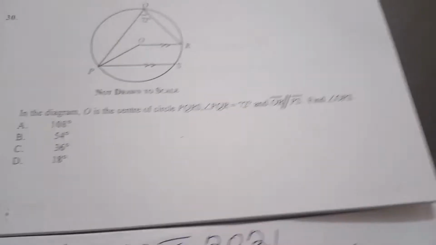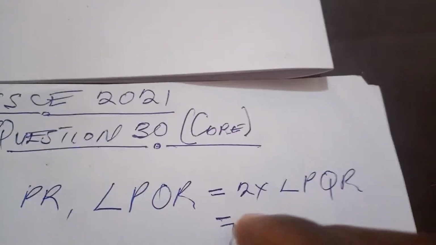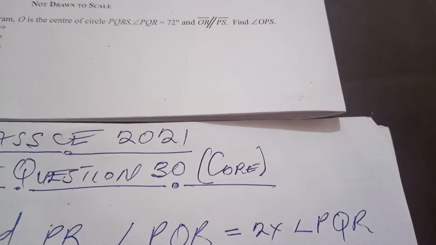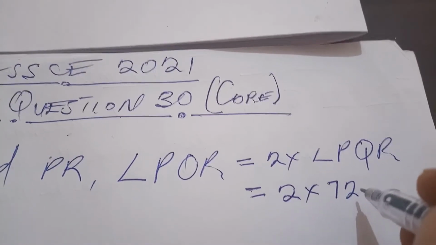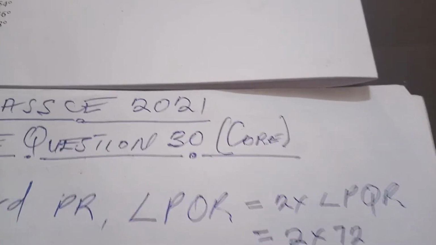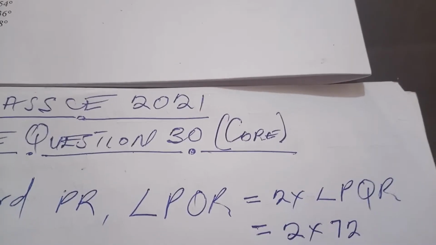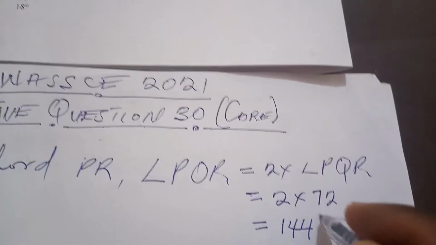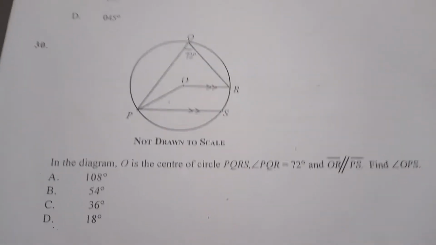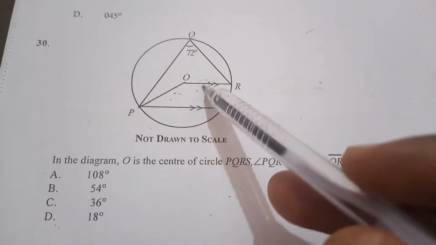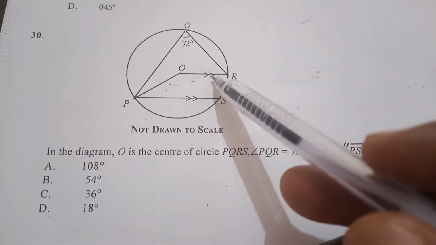So that's just what you are doing. And that will give us 2 times angle PQR is 72. So 2 times 72, which will give us 144 degrees. That is not all. So now we have this angle here, which is 144 degrees.